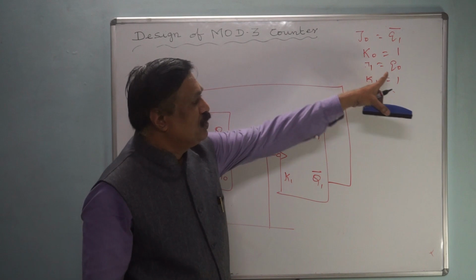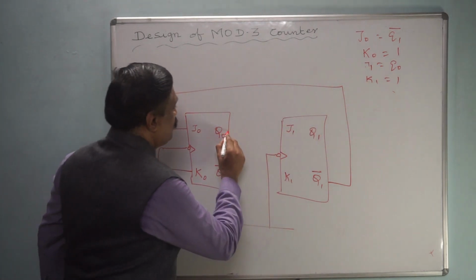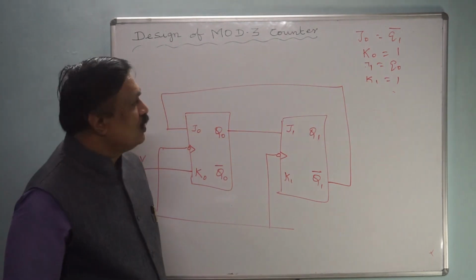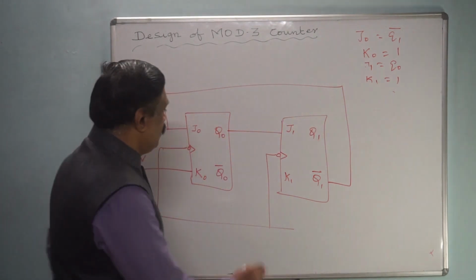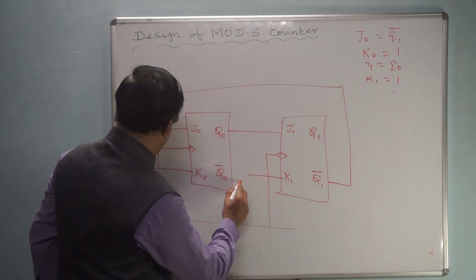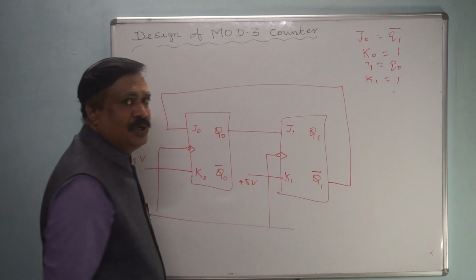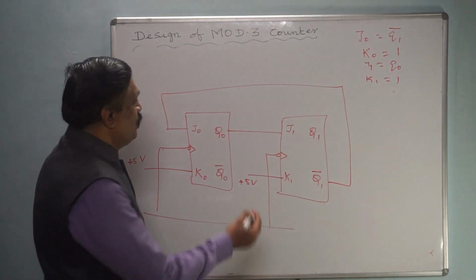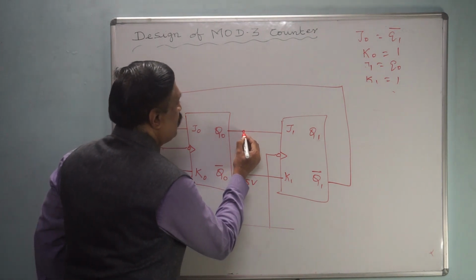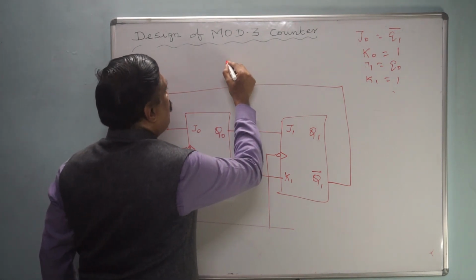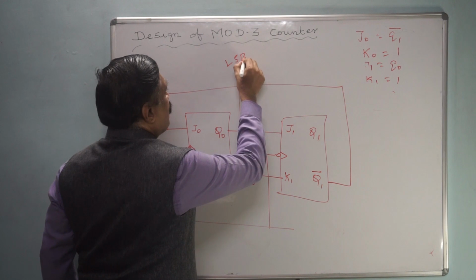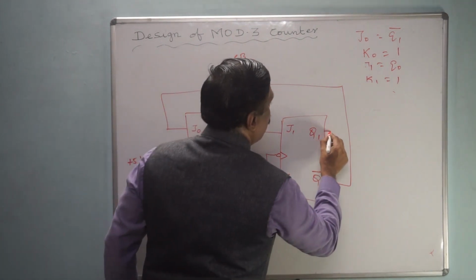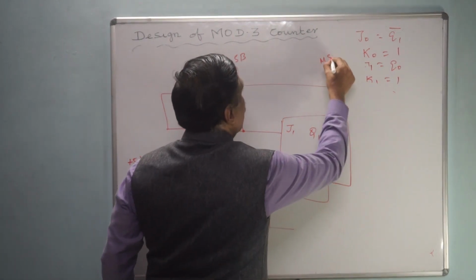And J1 equal to Q0, simply you connect. And K1 equal to 1, therefore K1 is 1, 1 means plus 5 volt. Now we have made all the connections. Now where will be the output? Q will be the output. Therefore Q0 will be your LSB and this will be your MSB.